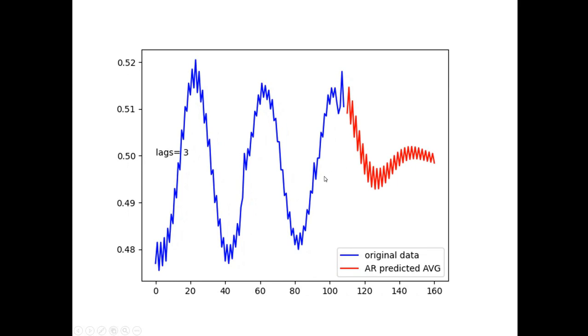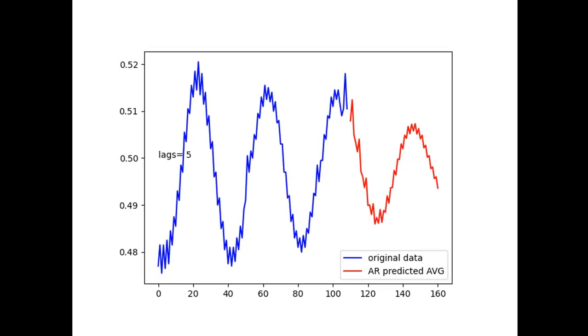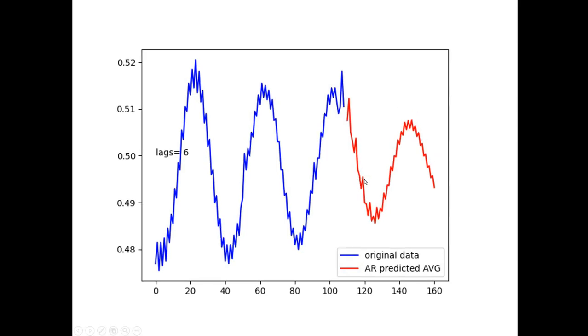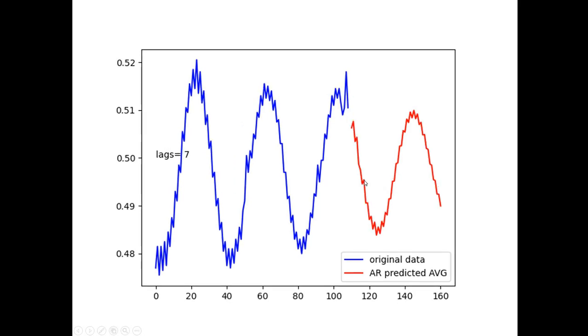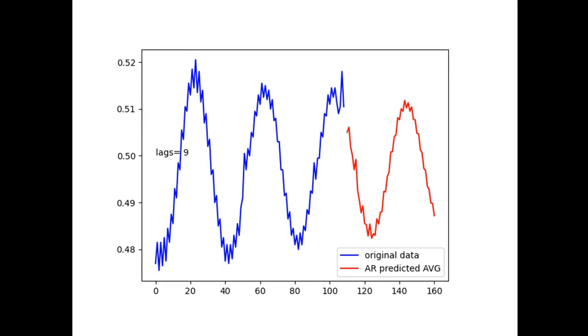Lag order 3, you see the trick, and it is quite intelligent enough to bring back the trend almost, not exactly, and this is getting better. Lag equal to 4 is even better. 5 is getting almost similar to the trend which we were getting earlier. Then 6 is even better, 7 is even better, and 8 is even better, and 9 is also even better.